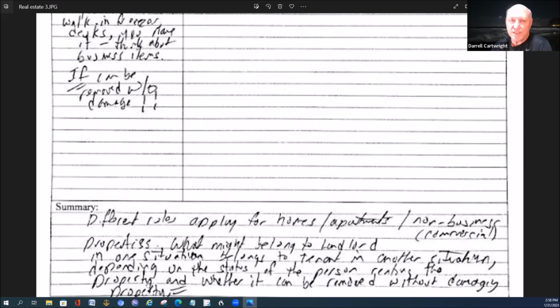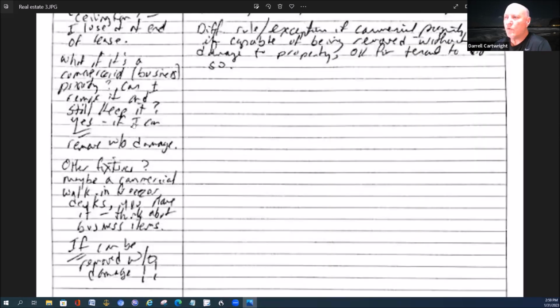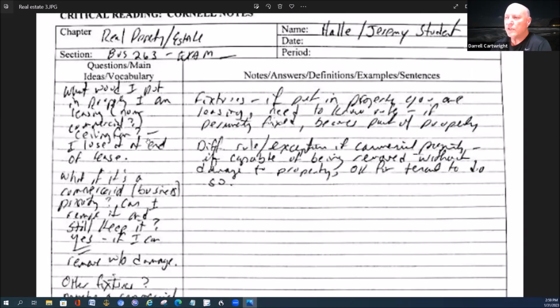That means whether he is non-commercial versus commercial, and whether it can be removed without damaging property. I might ask myself in this question over here, well, what if I can remove it without damaging the property? Well, if it's non-commercial, it doesn't matter. I lose it at the end of the lease because I asked myself that question.